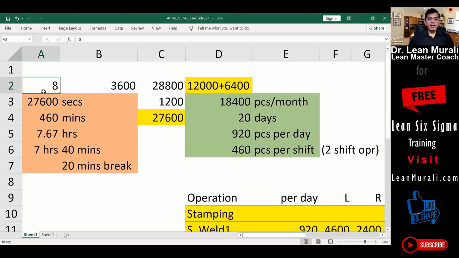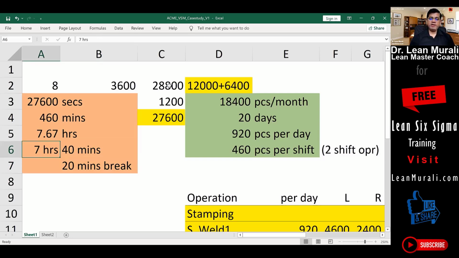8 hours. 8 hours is how many seconds? 28,800. So when you have some break timings in between, 20 minutes break. How much is 20 minutes break? 20 into 60.